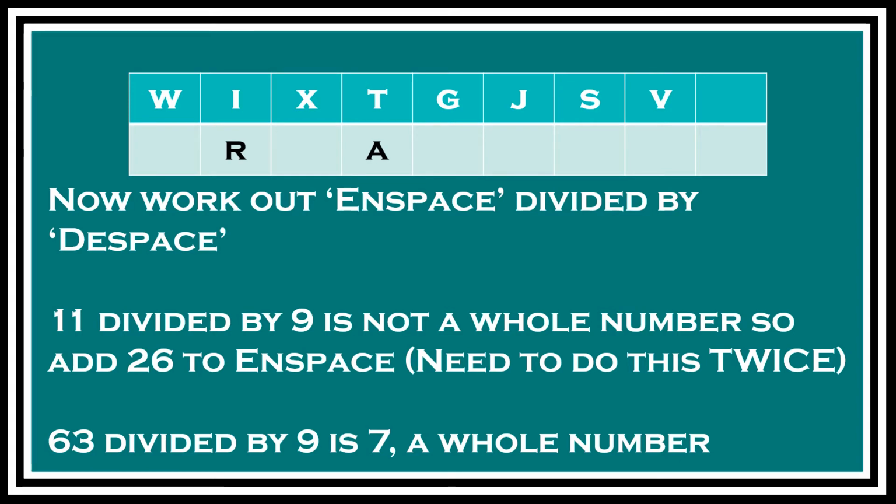Our N space is 11, D space is 9, 11 divided by 9 is not a whole number, so we need to add 26 to N space. 11 plus 26 is 37, 37 divided by 9 is still not a whole number, so we need to add 26 again. 37 plus 26 gives us 63. Divide that by 9, we get 7. Finally, a whole number, and that is our multiplier.